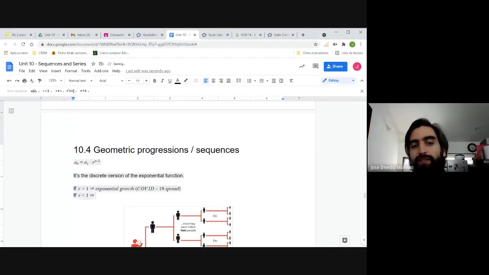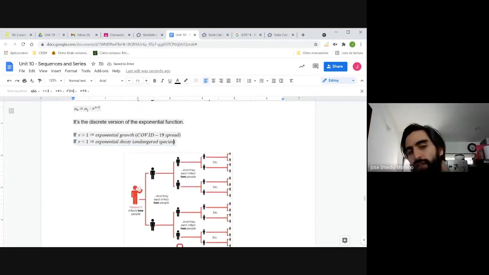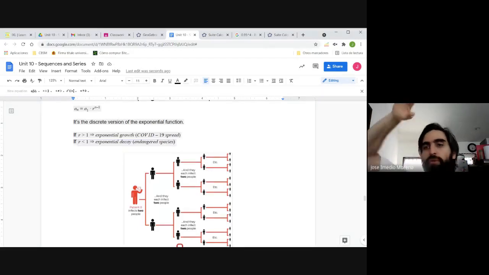If R is smaller than 1, we have a case of exponential decay, which is the case of the endangered species or extinction of species. Okay, so R larger than 1, exponential growth; R smaller than 1, exponential decay.